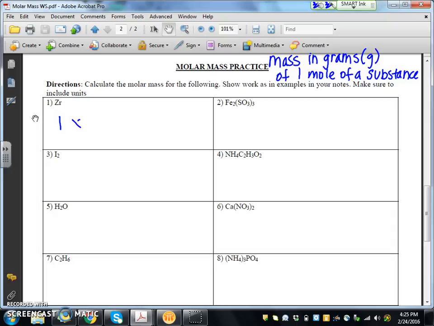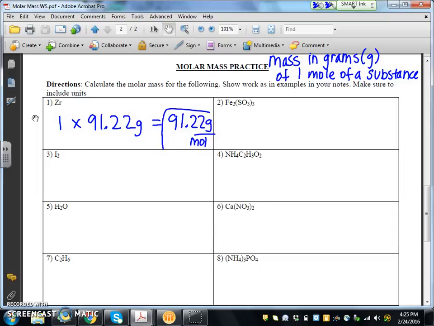So I'm going to multiply the number of atoms by the mass of my compound in grams to get my answer. So 1 times 91.22 is 91.22 grams per mole. And that is my answer for number 1.